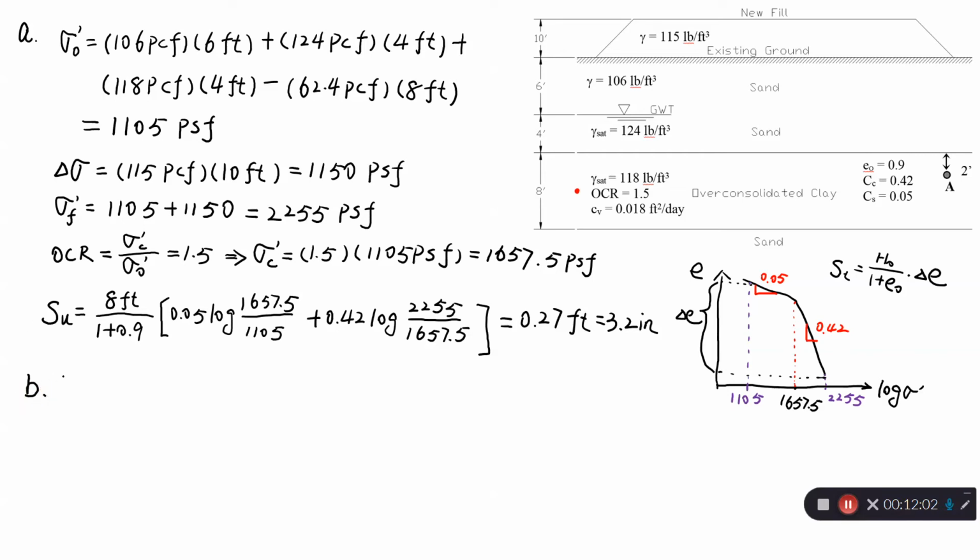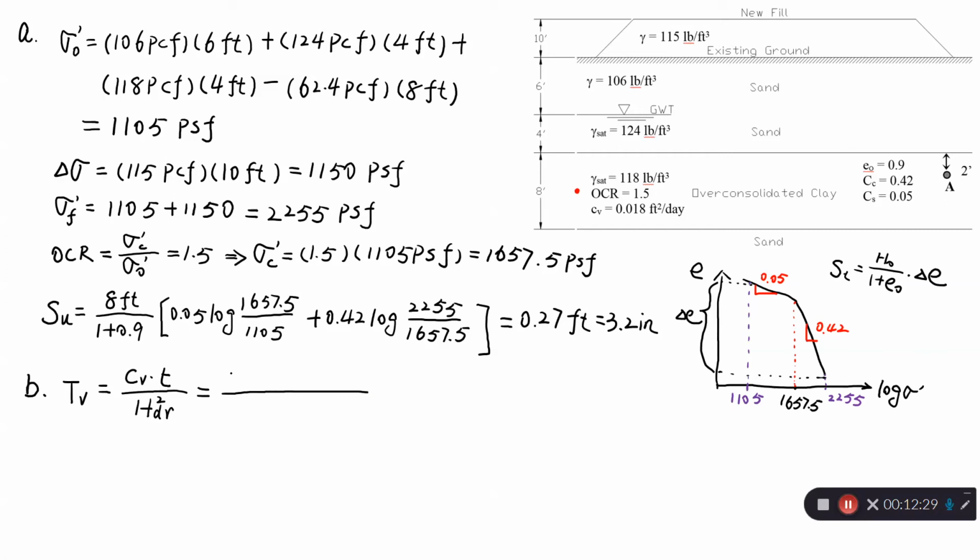So T is 6 months, and C sub V is 0.018. Then let's calculate T sub V first. T sub V is equal to C sub V times t over H sub DR squared.